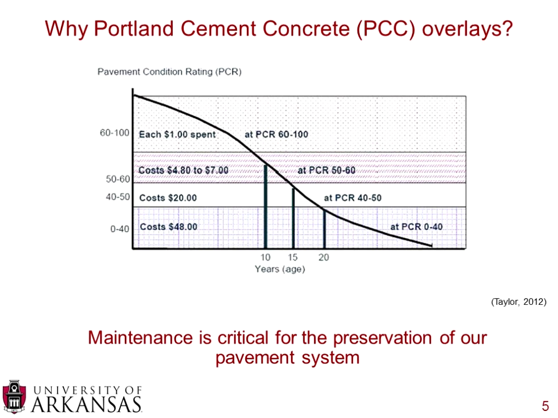If the pavement continues to deteriorate down into that 40 to 50 range, it costs $20 to fix what would have cost $1 originally. And then finally, when you slip under 40, which is down in the very poor section, it costs $48 for every $1 that you would have originally spent.